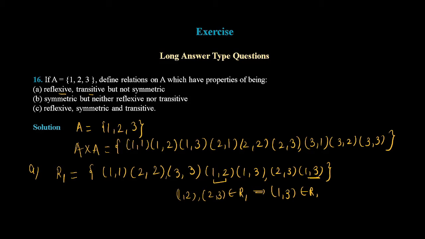Now in the second relation, my relation R2 should be symmetric, but neither reflexive nor transitive. For reflexive, the ordered pairs (1,1), (2,2), (3,3) must be there. But I don't want it reflexive, which means these three elements should not all be there. Suppose I am taking (1,3), (3,1), and (2,2).